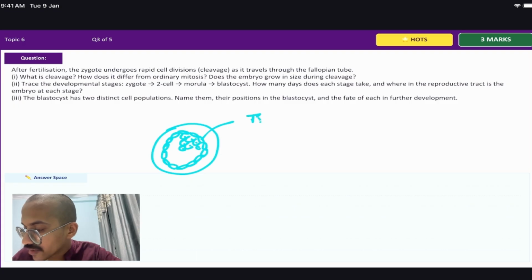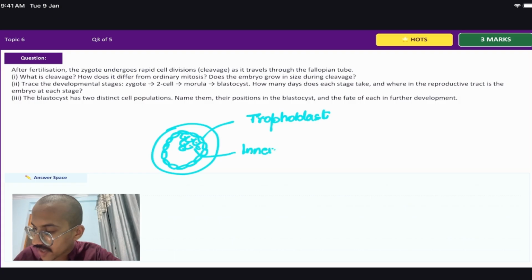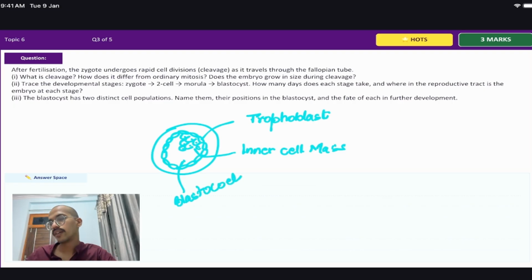This layer is called trophoblast. This layer is the inner cell mass, and this is the blastocoel. Now these are the two distinct types of cell layers.